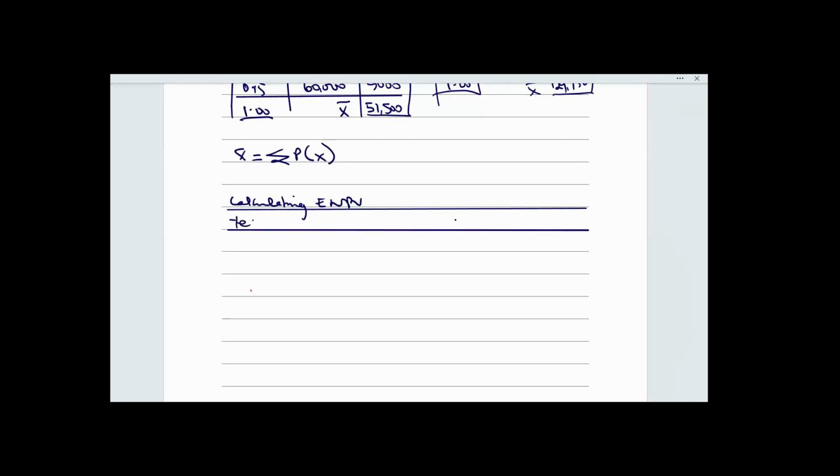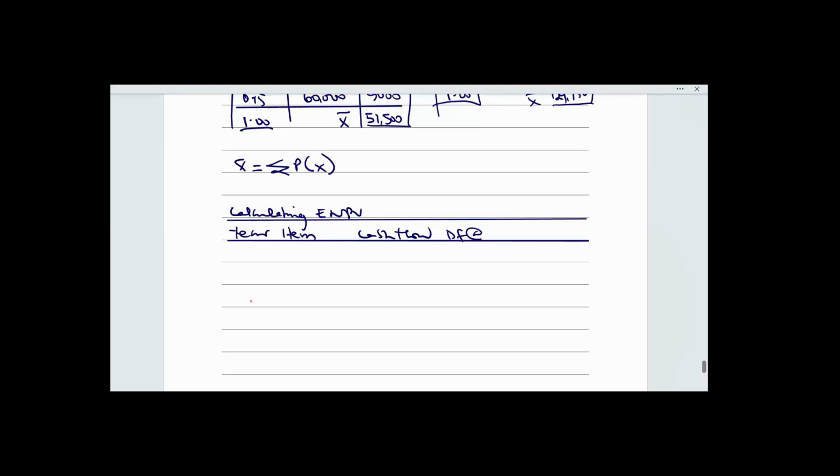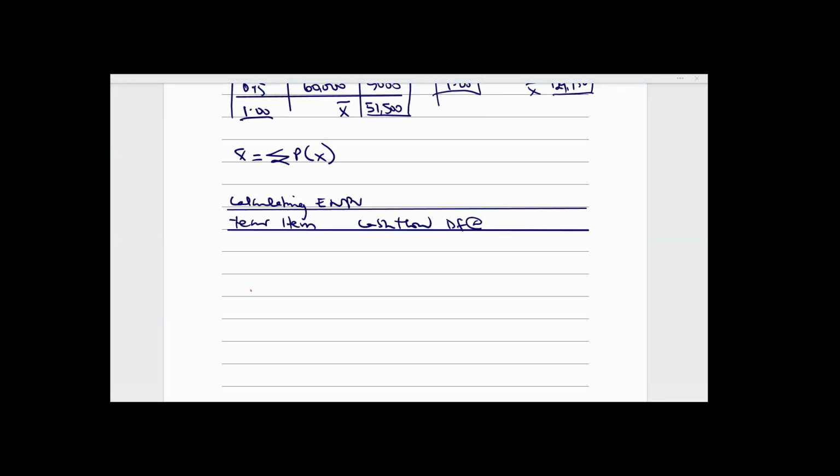So create a column for year, description of items, cash flows, discount factor. According to the question, the cost of capital is 12%.